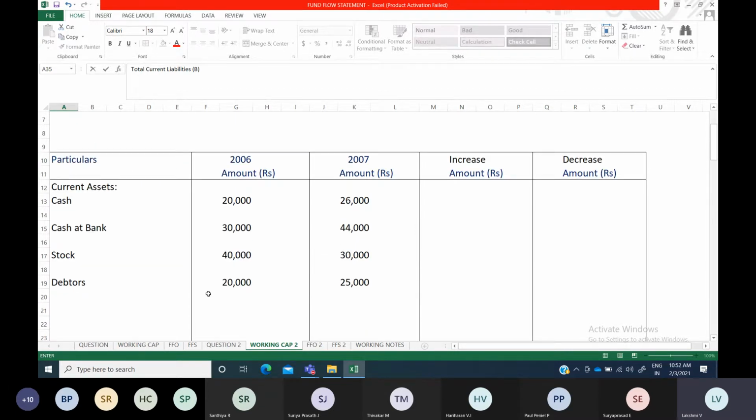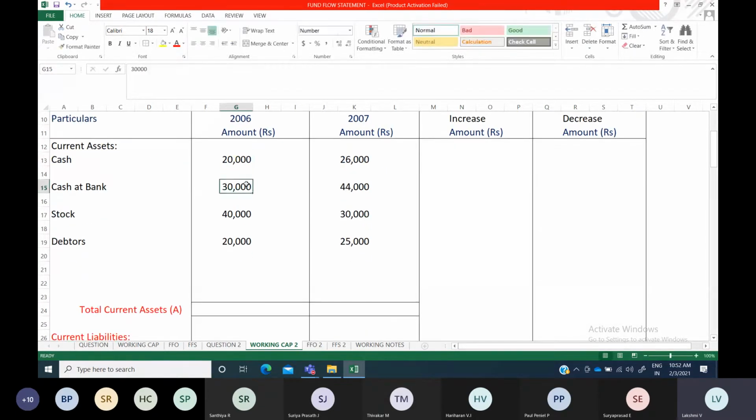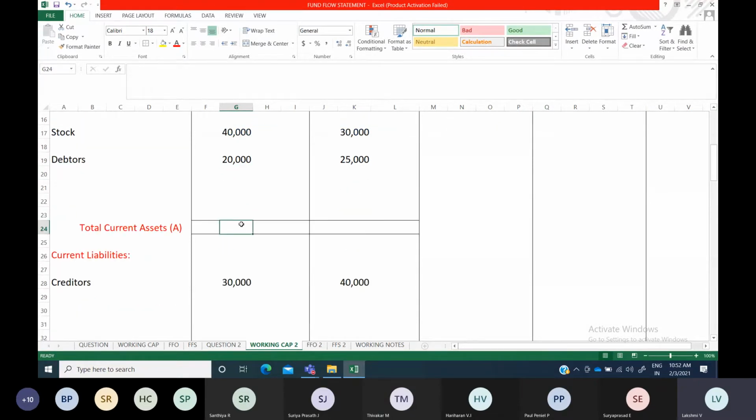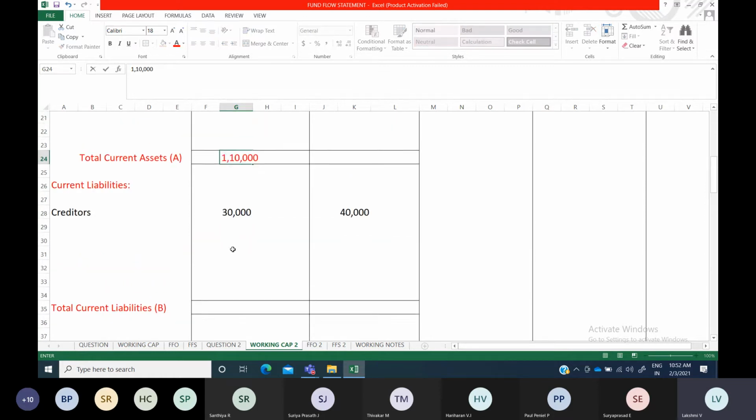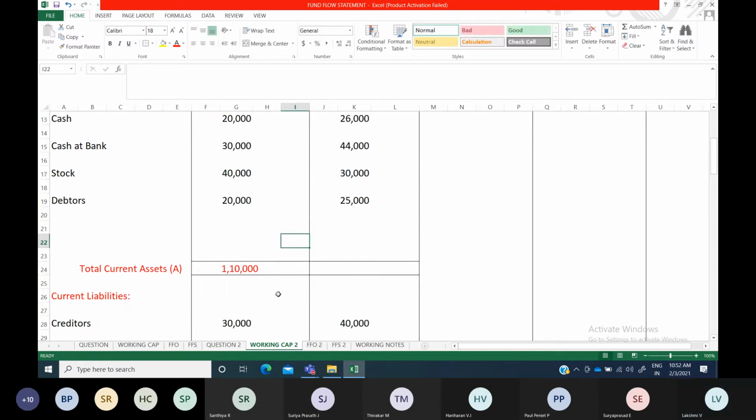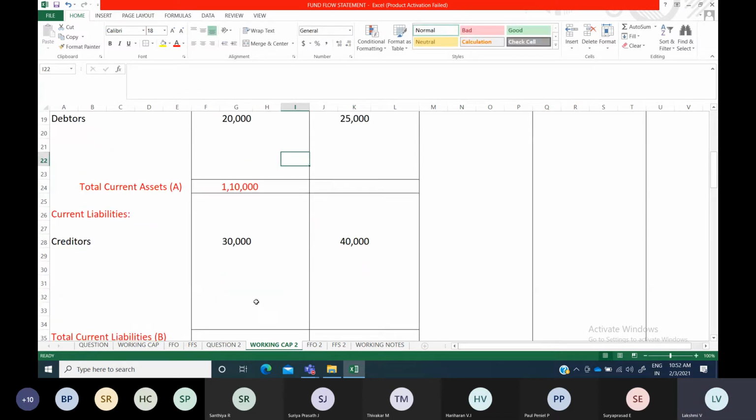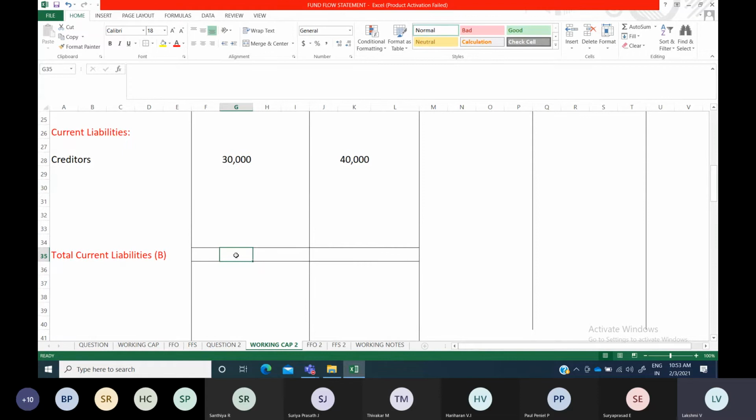Okay, just total 20,000 plus 30,000, 50, 50 plus 40, 90, 90 plus 20, 110. 1 lakh 10,000 we are getting. Just calculate and see whether you are getting the same amount. So if you see current liabilities, just this 30,000.